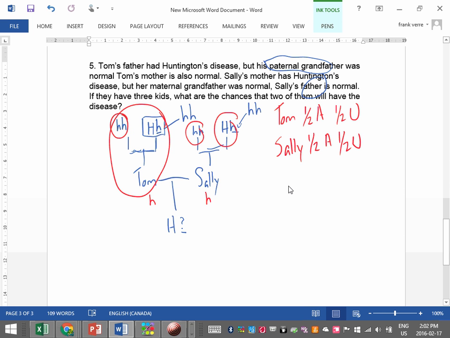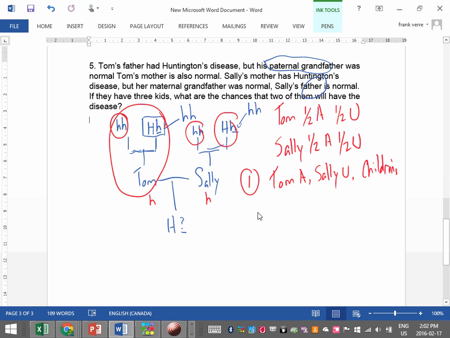Now, for a child to get affected, we talked about 3 scenarios yesterday. Scenario 1 is Tom is affected, Sally is unaffected, and then we talked about the children being affected, right? And we talked about the outcomes for that. Let's just keep it simple and talk about the probability of Tom being affected and Sally being unaffected.